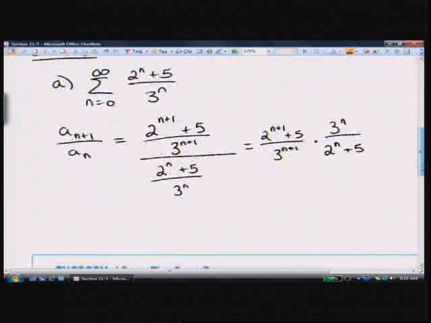This is something you need to think about. 3 to the n plus 1 can be simplified to be 3 to the n times 3. Does that make sense? And then you can cancel your 3 to the n's, and you have a 1/3.